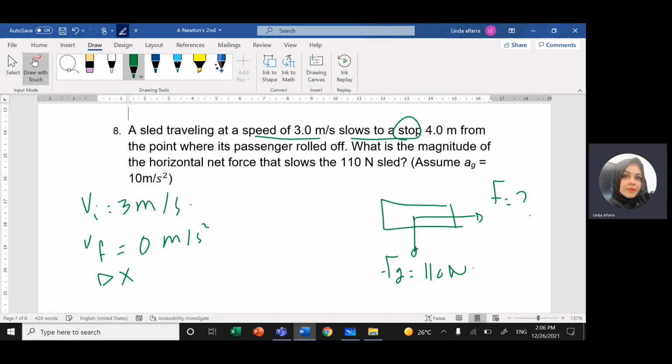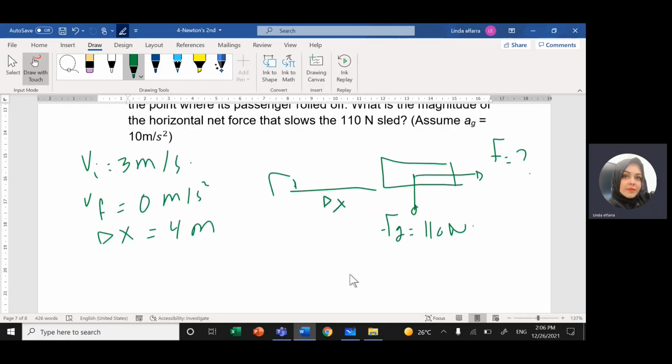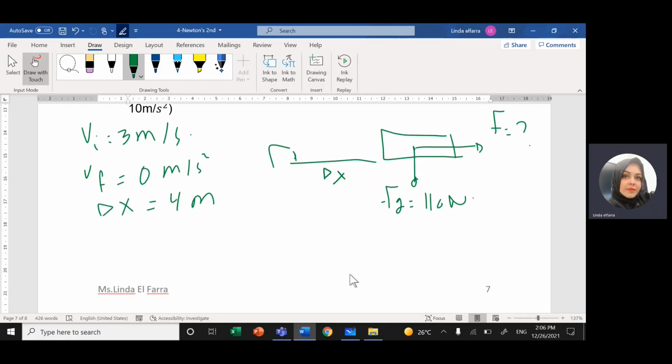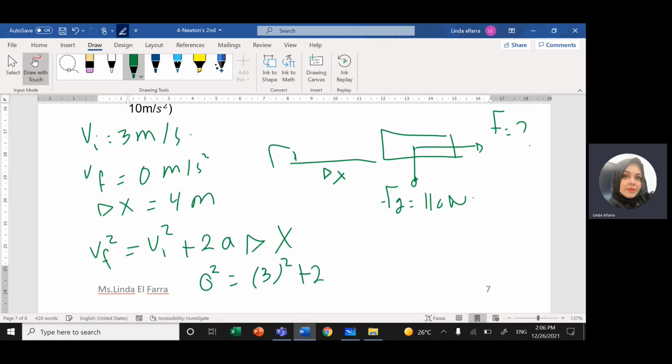The distance the sled moves, from here, delta x equals 4 meters. So from the equation of motion, I can find the acceleration. V final square equals V initial square plus 2 times acceleration times delta x. V final is 0 square, V initial is 3 square plus 2 times the acceleration times 4.